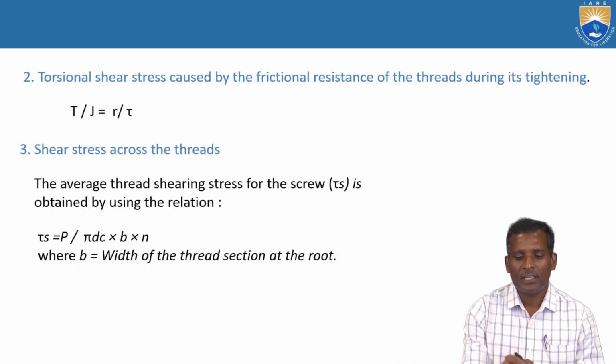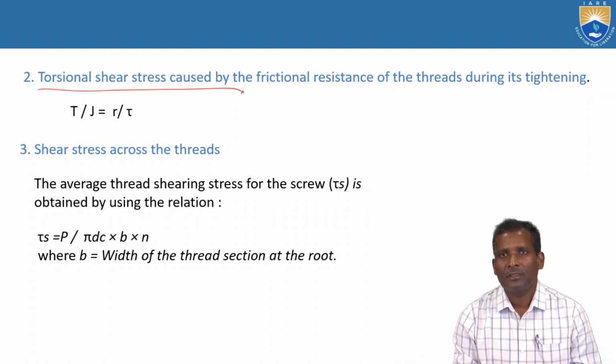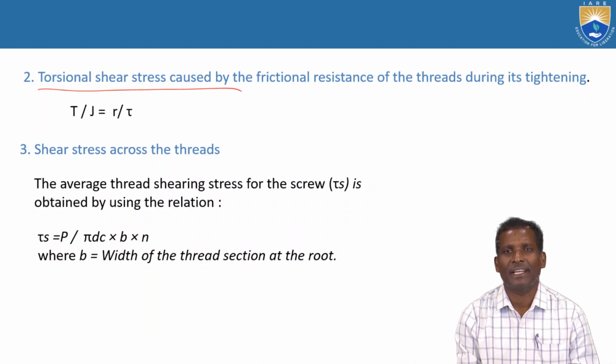Next one is torsional shear stress, caused by the rotational motion, that is frictional resistance of the threads during its tightening.